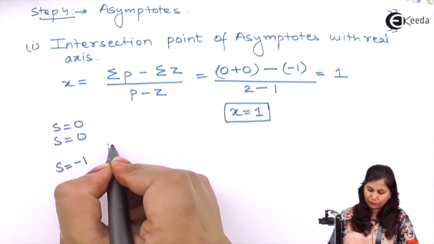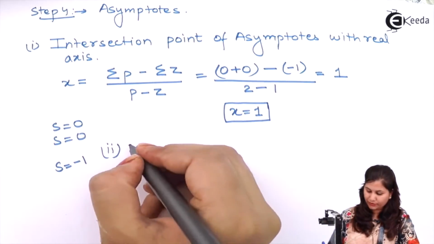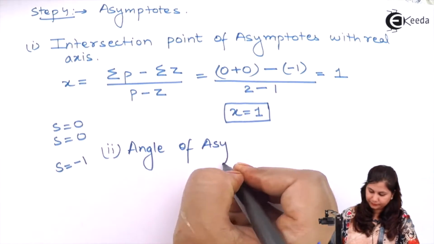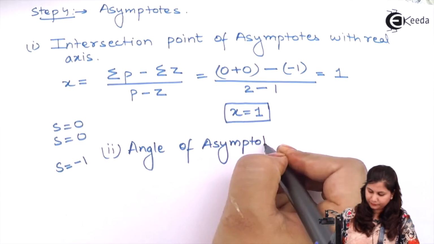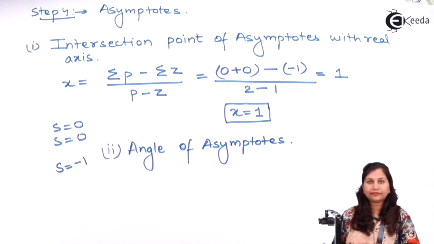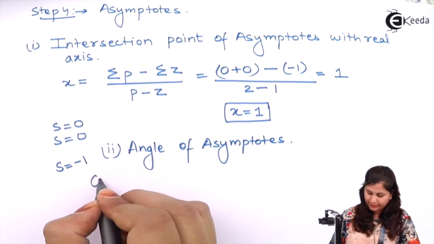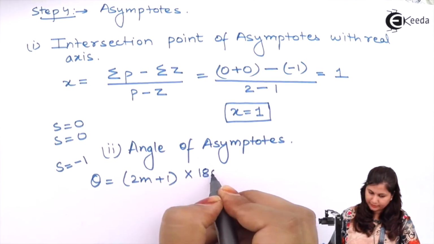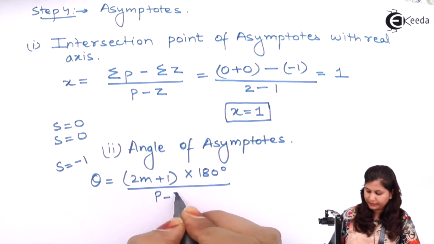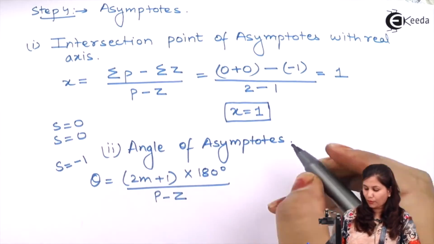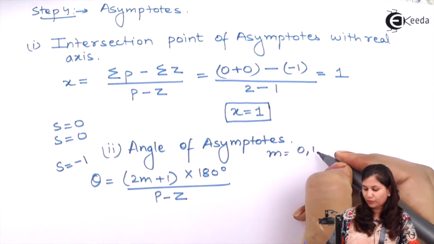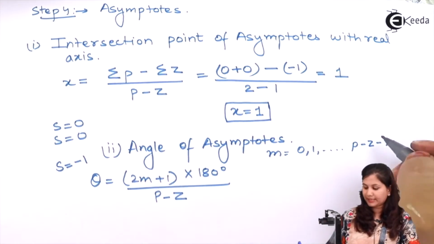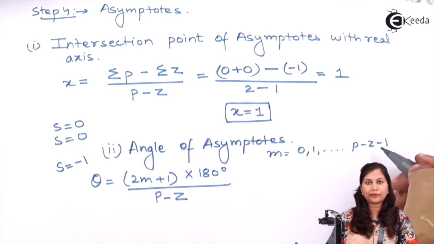Now the second step is to find the angle of the asymptotes. To find the angle, we have the formula θ = (2m + 1) × 180° divided by (P − Z). Here the value of m can be 0, 1, and so on, up till P − Z − 1. P is again the number of poles and Z is again the number of zeros.